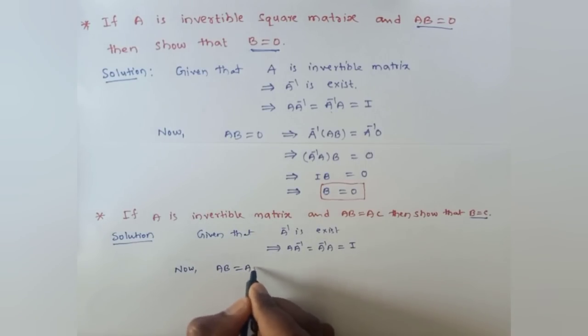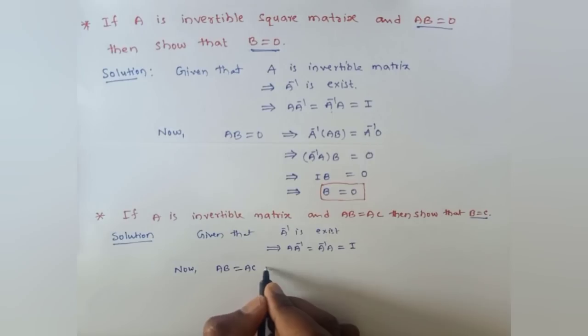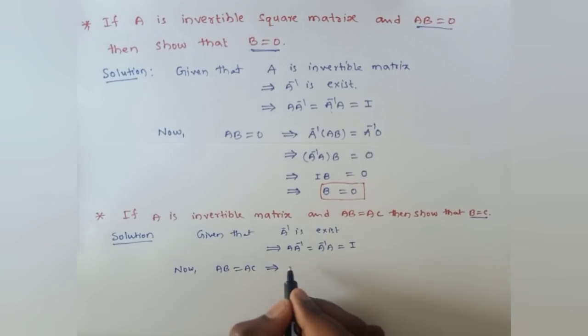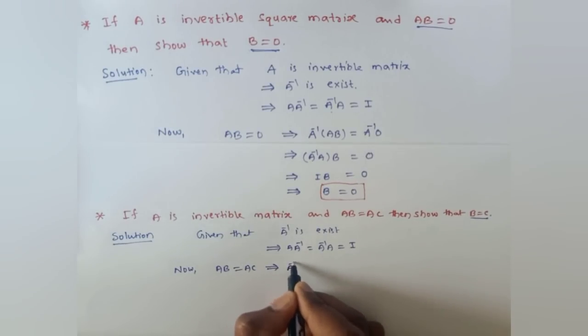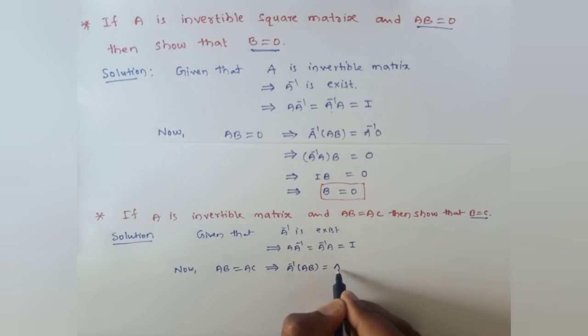AB equal to AC. This implies, on multiplying both sides with A inverse from the left hand side, A inverse of AB is A inverse of AC.